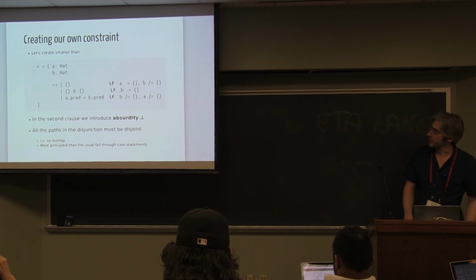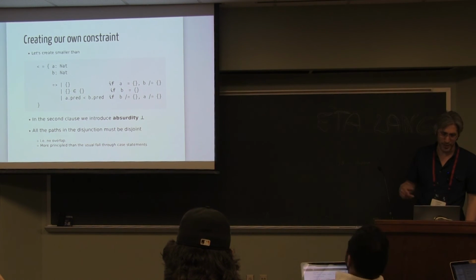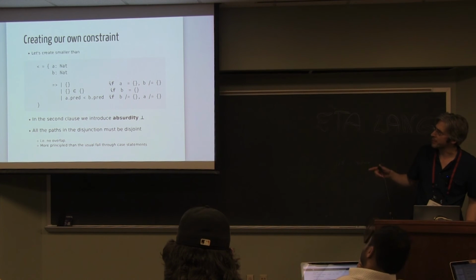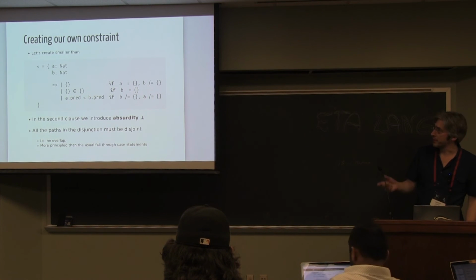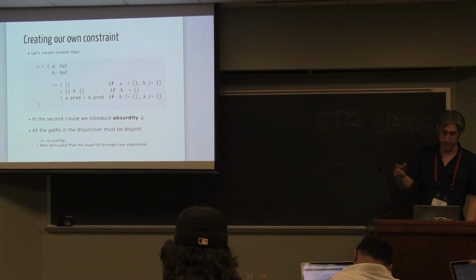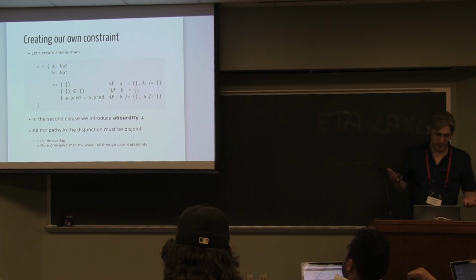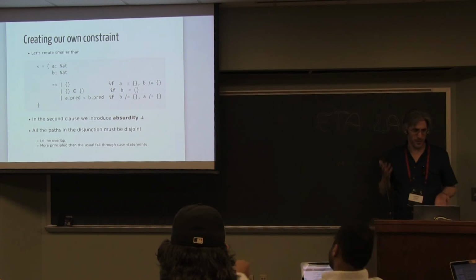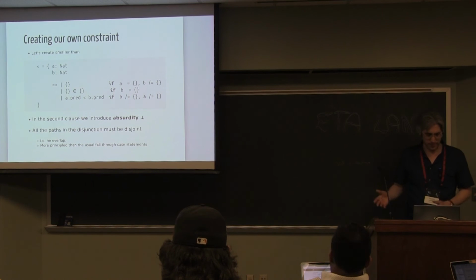And the third case is simply the iteration: call smaller than again with the predecessor of A and B. So it will carry on calling itself until you either get to the first case of success or the case of absurdity. Again, you could say this is the same as returning true or false, but there is this thing of the compiler.